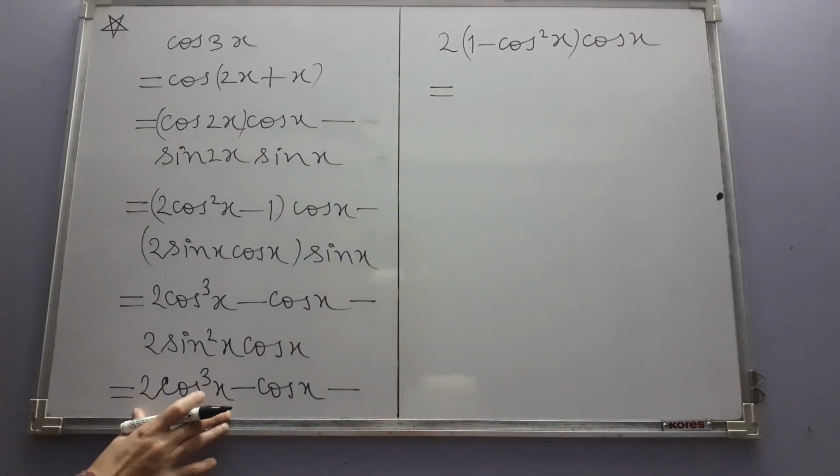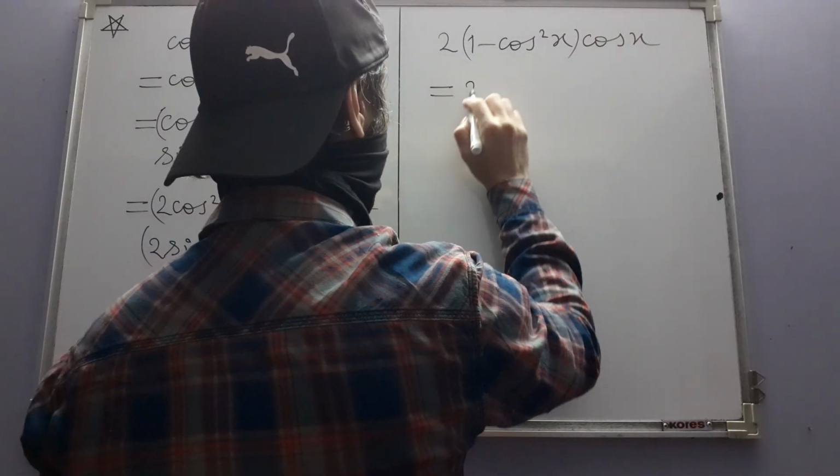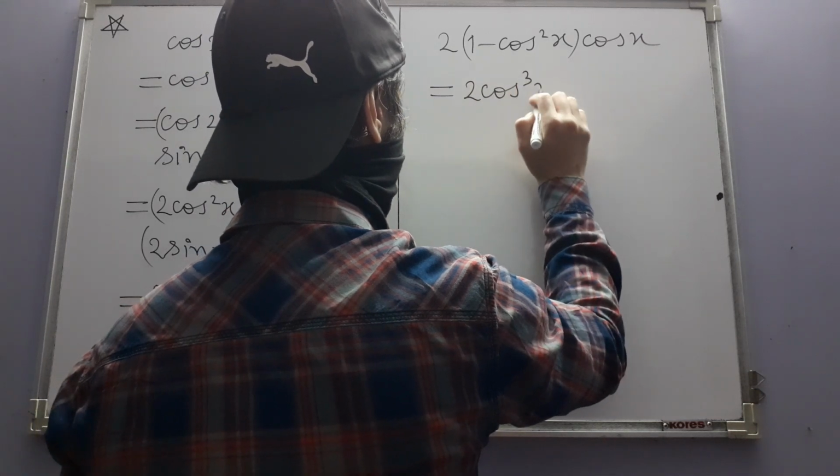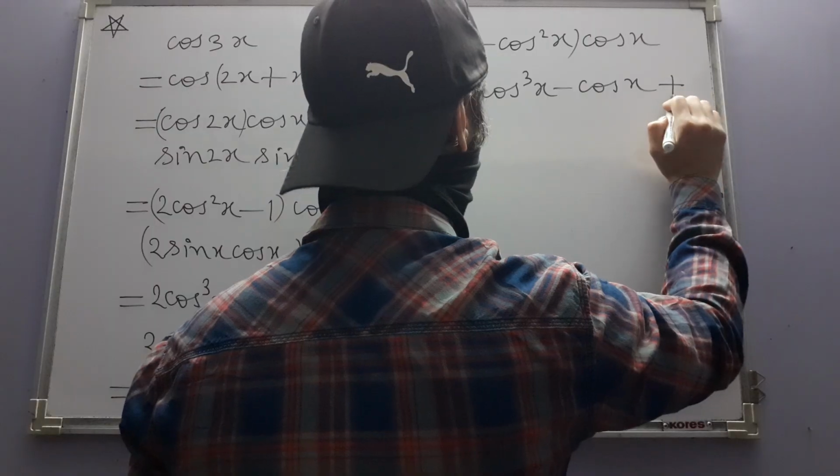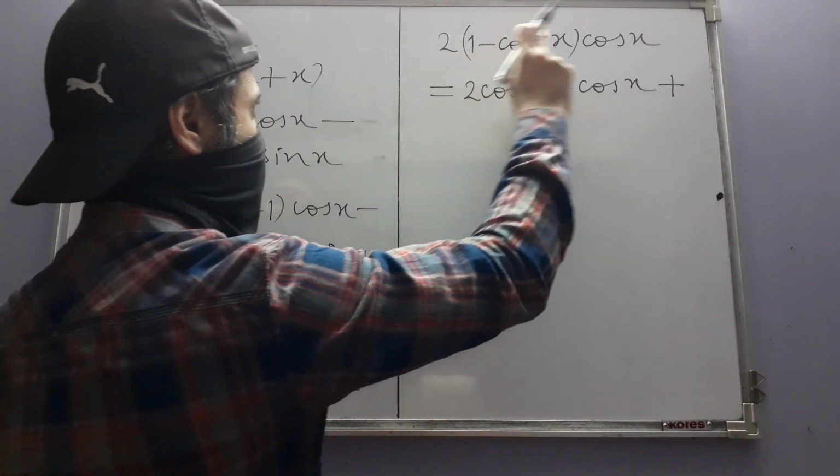So this will be 2 cos cube x minus cos x. Plus 2 cos x.